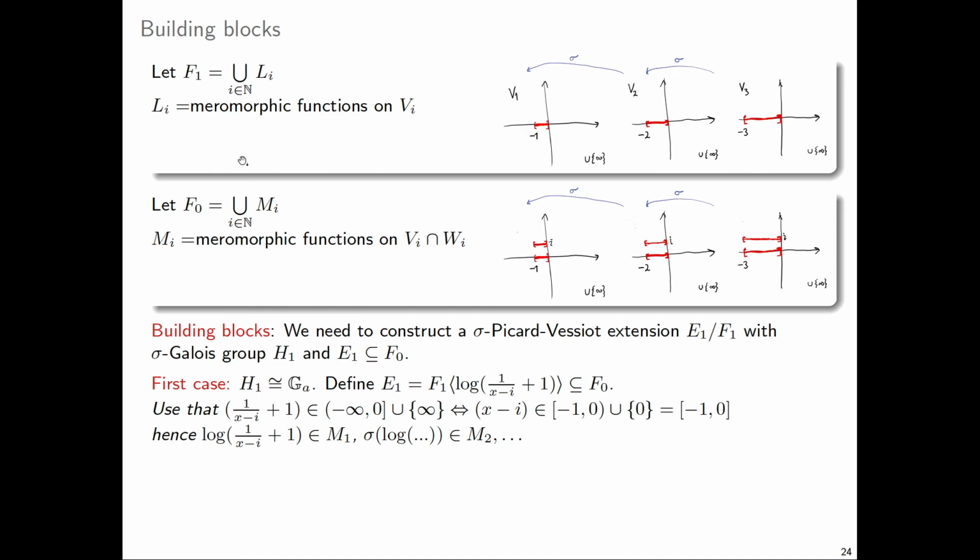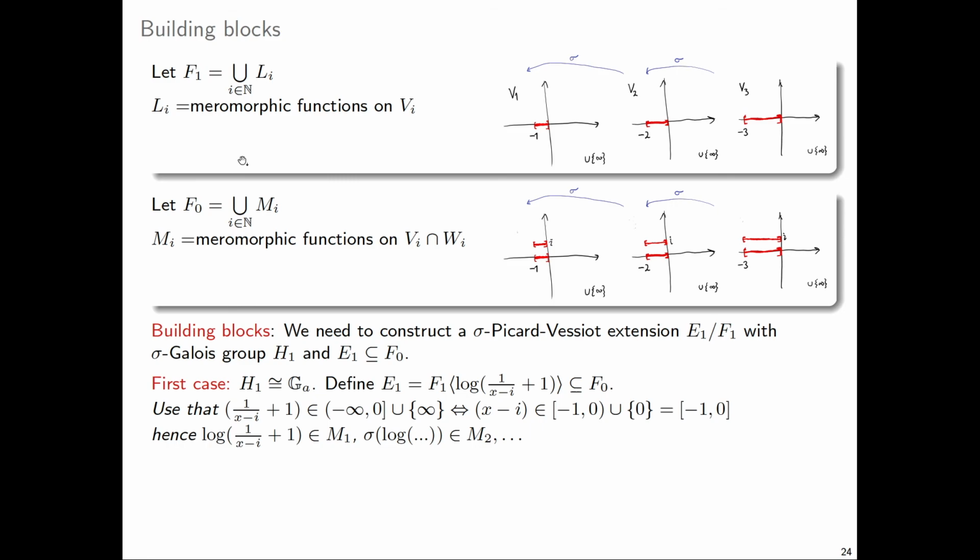And remember that the logarithm itself is holomorphic on the complex numbers if you subtract this real interval from minus infinity to 0. And it's also not meromorphic in infinity. And then this argument 1 over x minus i plus 1 is in that singular locus if and only if x minus i is in a closed interval from -1 to 0.